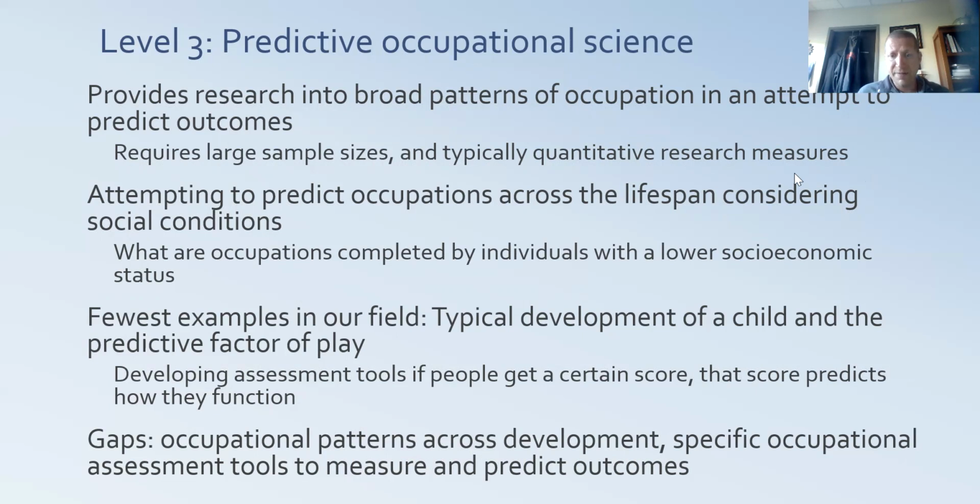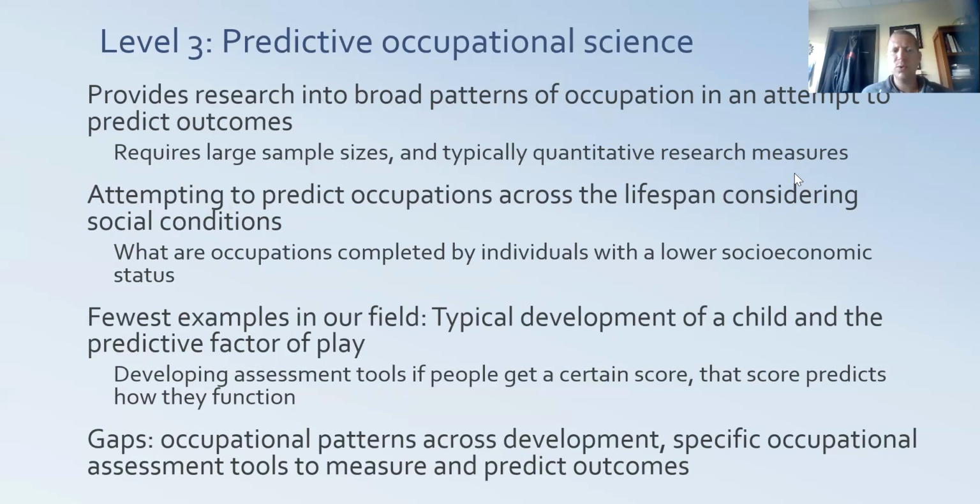An example in our field might be the typical development of a child, and where that child is developmentally. Can it predict what they would play with, or their factors of play? We know play is an occupation of childhood, and so if we know the child is chronologically age 4, would we be able to predict what a 4-year-old would be able to do in play?